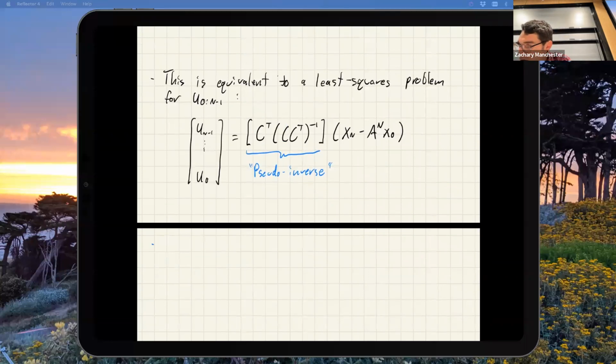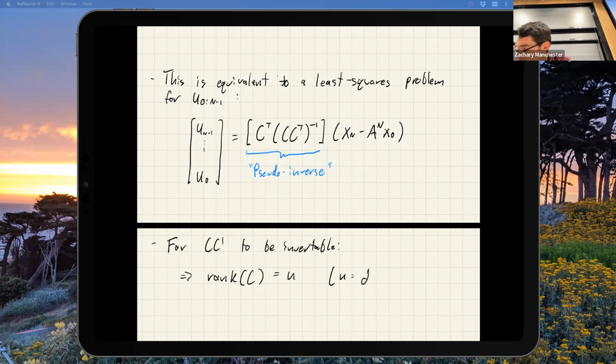Okay, so let's write that down. We have to have rank C equals little n, where that's the dimension of x. Does that make sense to everybody?